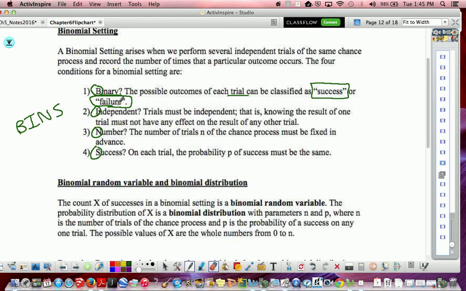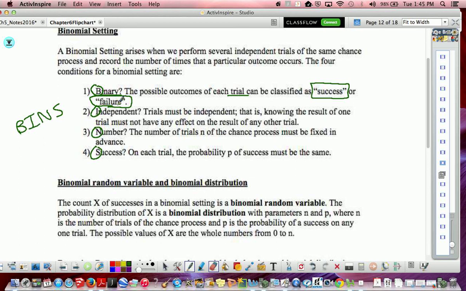I know this isn't the greatest example because I have two switches, but either the lights are off or the lights are on. Success, failure. So you only have two options. Either you get a heads or you don't. Either you roll a 6 or you don't. Either you make the shot or you miss.